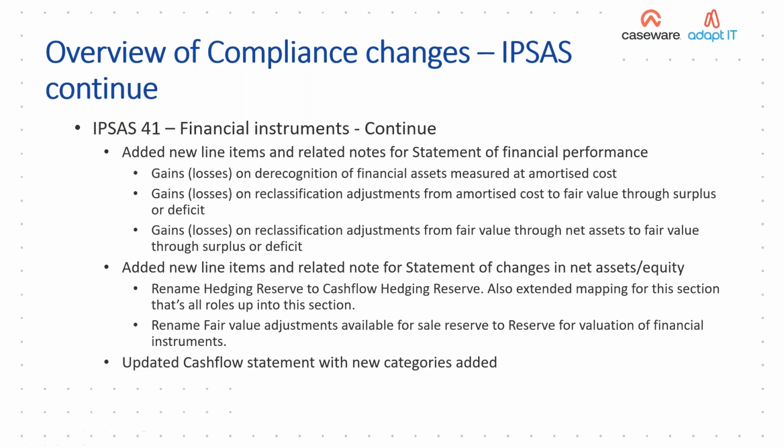We also added some new columns, actually just renamed the hedging reserve to the cash flow hedging reserve, and then the fair value adjustments available for sale reserve to the reserve for valuation of financial instruments. And then this is just some highlights. I also needed to update the cash flow statements.